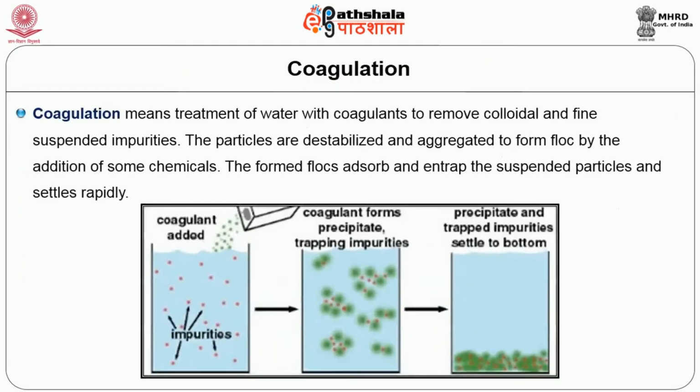The final primary treatment method is coagulation. Coagulation means treatment of water with coagulants to remove colloidal and fine suspended impurities. The particles are destabilized and aggregated to form floc by the addition of some chemicals. The formed flocs absorb and entrap the suspended particles and settle rapidly.